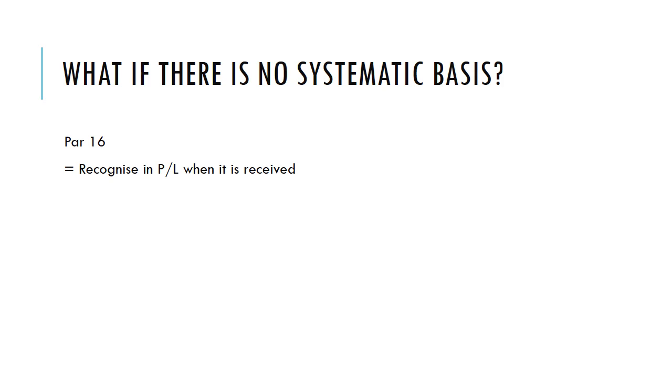So this is in very, very rare cases, and there has to be a very good reason why there is no systematic basis. Remember, we want to do it on a systematic basis, and we only apply paragraph 16, recognizing it immediately in profit and loss when it's received, if there is no systematic basis.